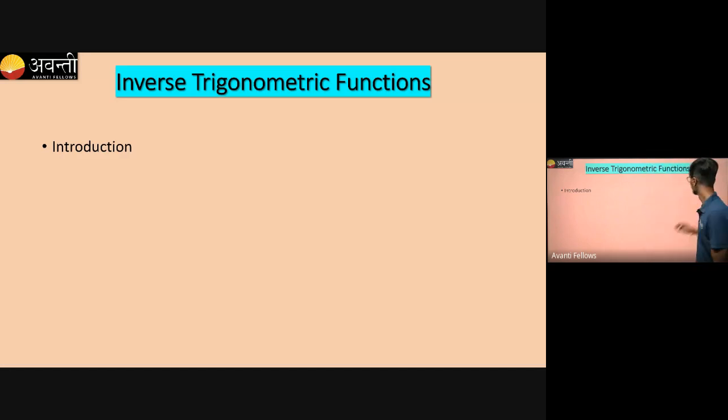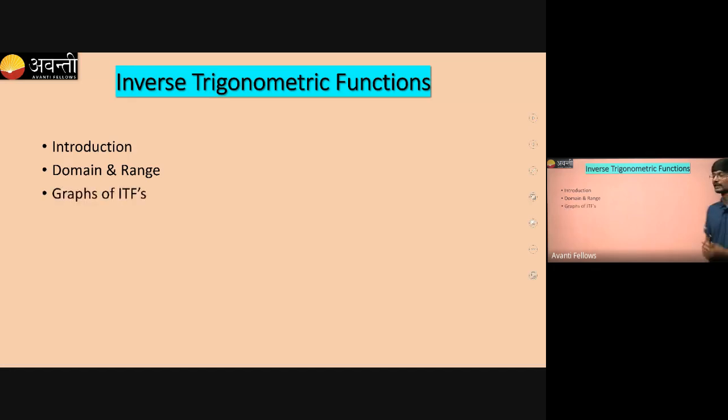Next, we are going to see domain and range. We studied in the functions chapter what domain and range are. After that, we are going to do a very interesting part, which is graphs. If you know the graphs of trigonometric functions, it is very easy to get the graph of the inverse function.